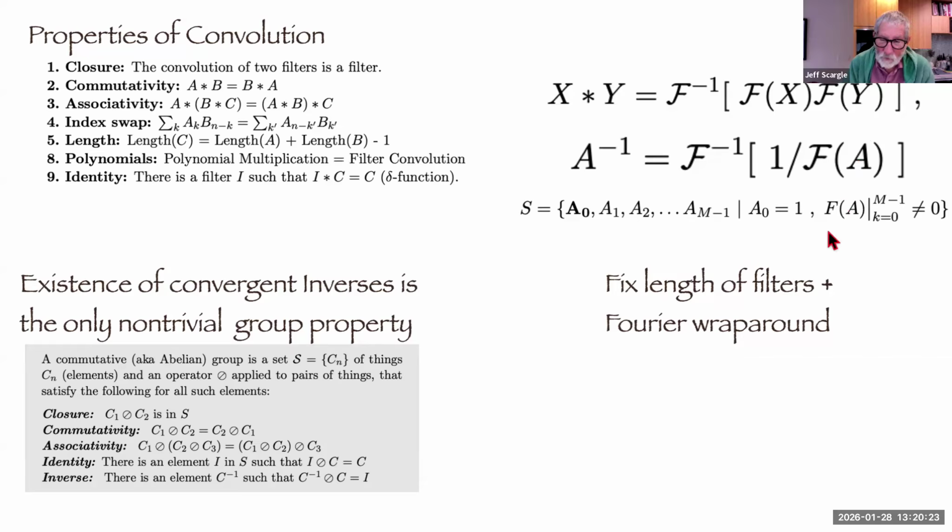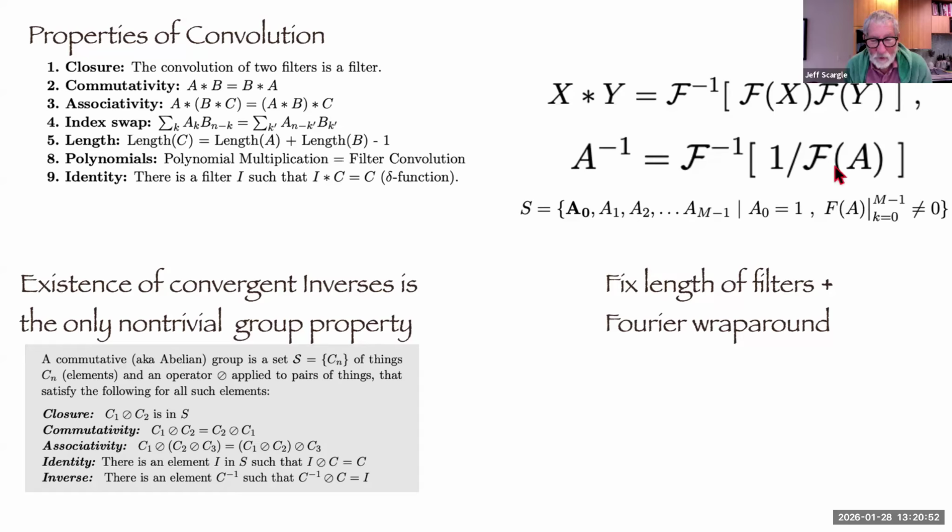And then when you do this inversion, you have wraparound. If you do these operations with some of the standard convolutional tools in data analysis systems, things get longer. But with this Fourier approach, assuming periodic replication, things that spill off the end get wrapped around, so you can conserve the length of filters.